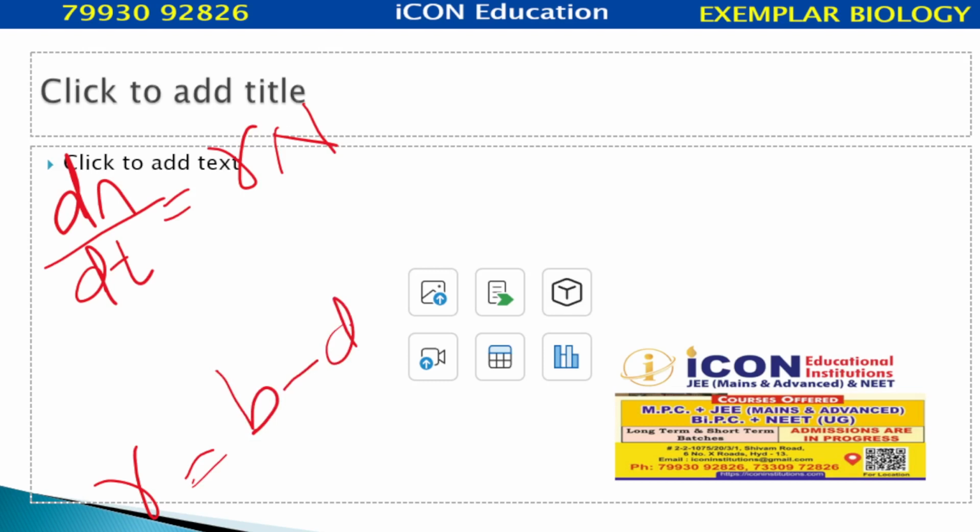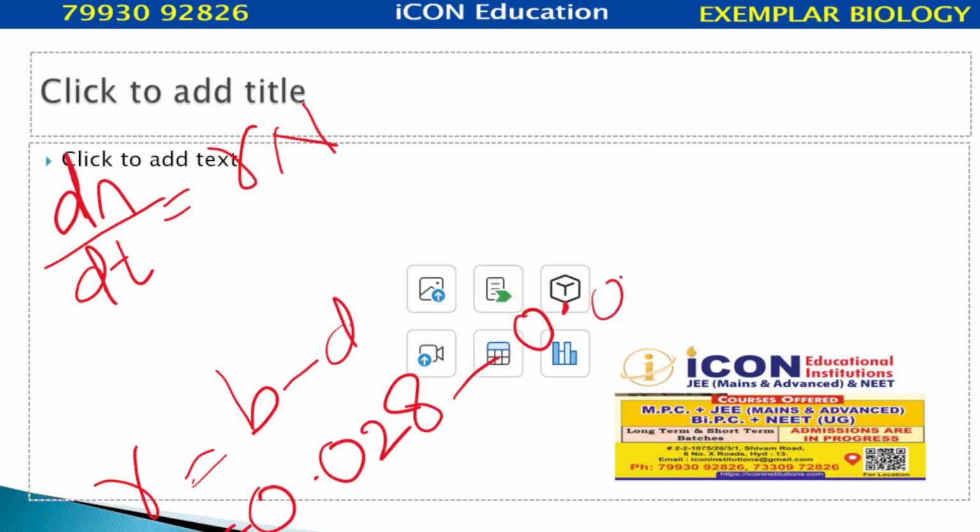So what is b? Birth rate is given, 0.028, minus the death rate is given, 0.008. So what will be our answer here? 0.02.